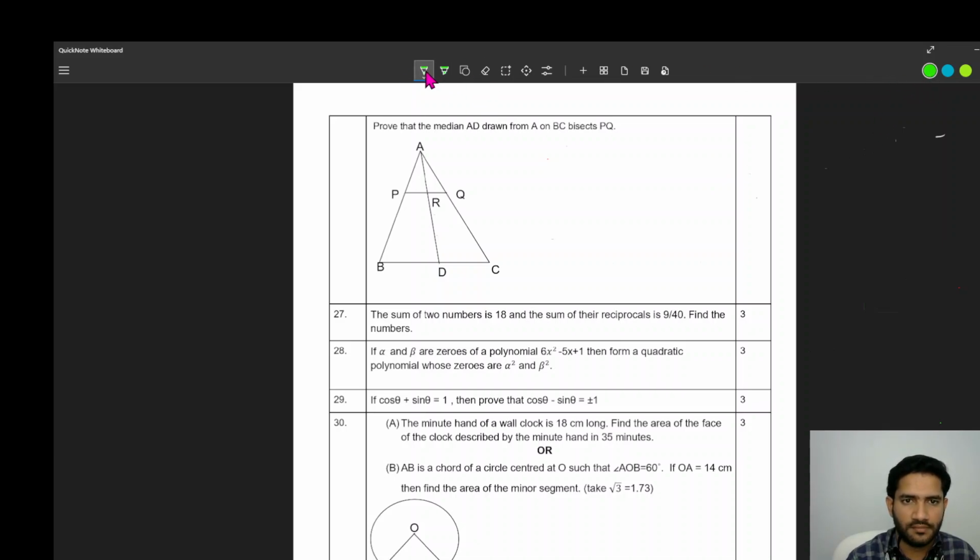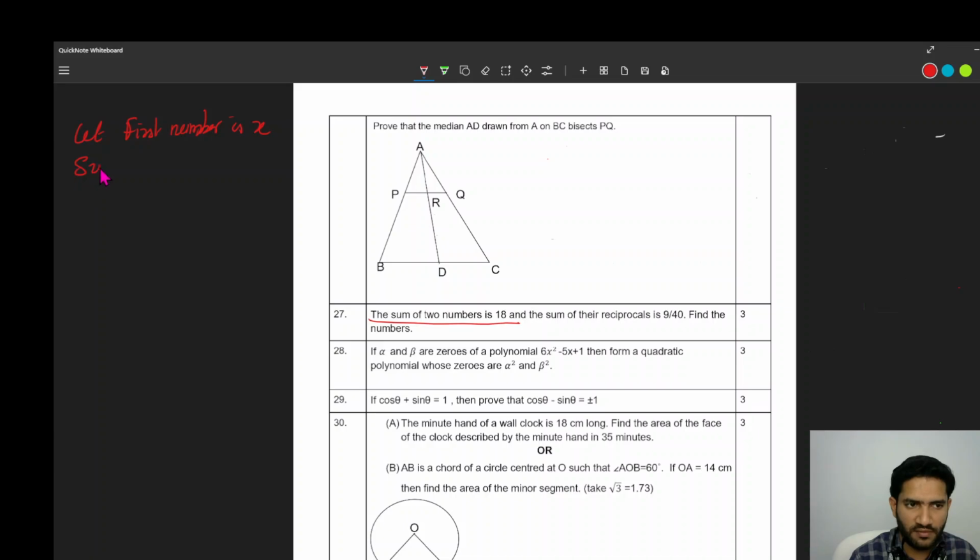So here, sum of two numbers. Let the first number, or one number, that's enough, be x. Sum of numbers is 18.